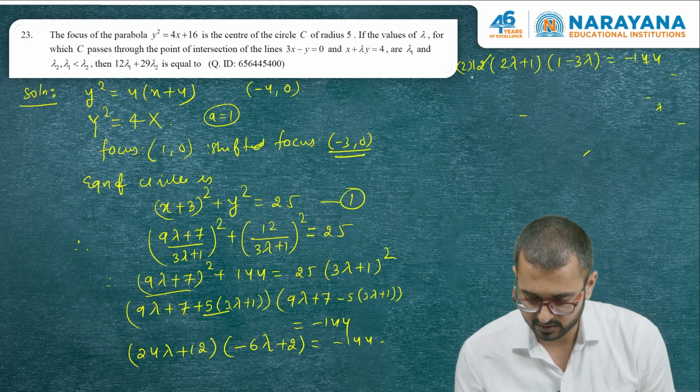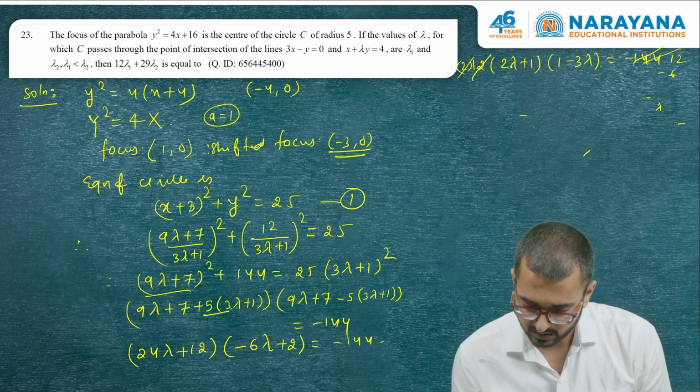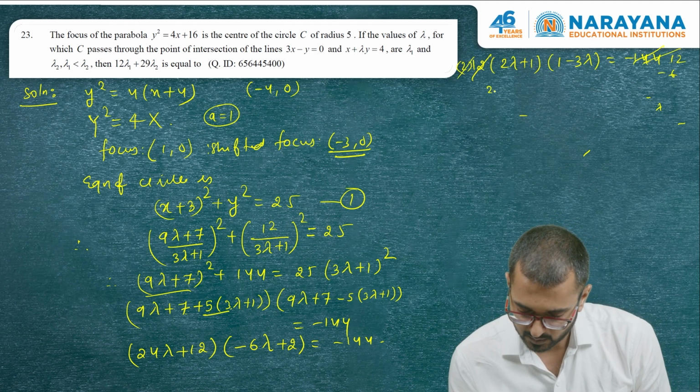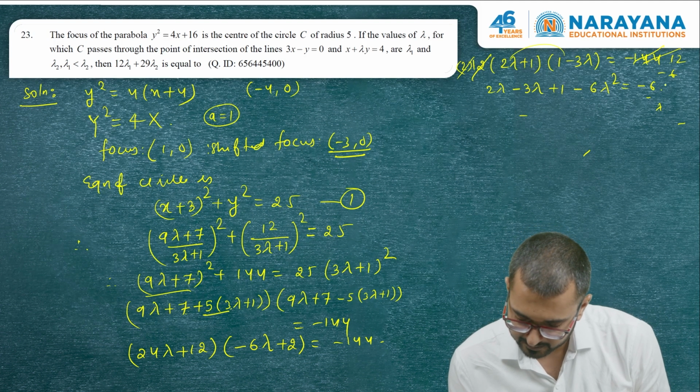Now let us cancel. So this 12 and 12 will get cancelled, and 2 and minus 6. So we now get only 2 lambda minus 3 lambda plus 1 minus 6 lambda square is equal to minus 6.